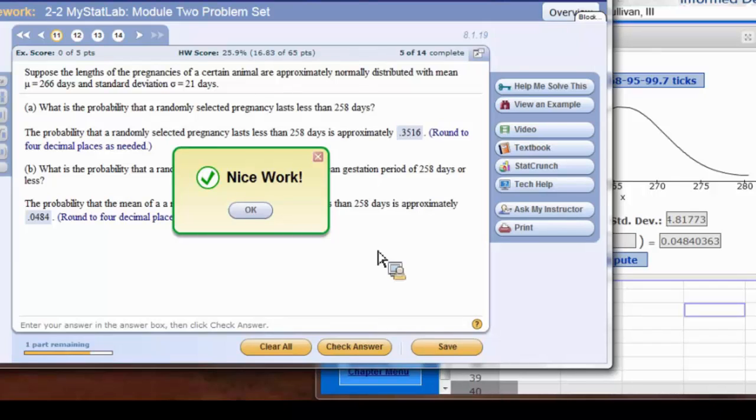If we take 18 other animals, each one of them also has an expected average of 266. So if each of the animals averages 266, then all of them together also average 266. So the mean does not change no matter how many you have. What changes is the standard deviation.